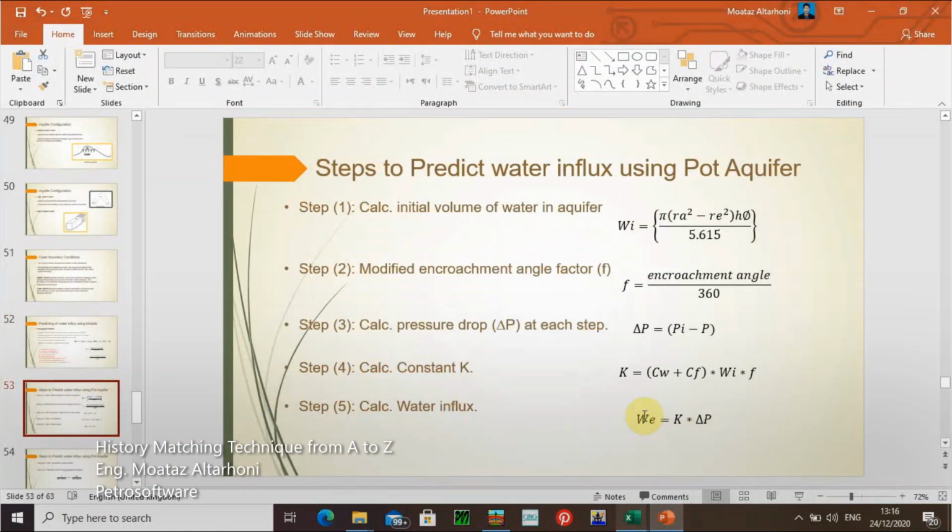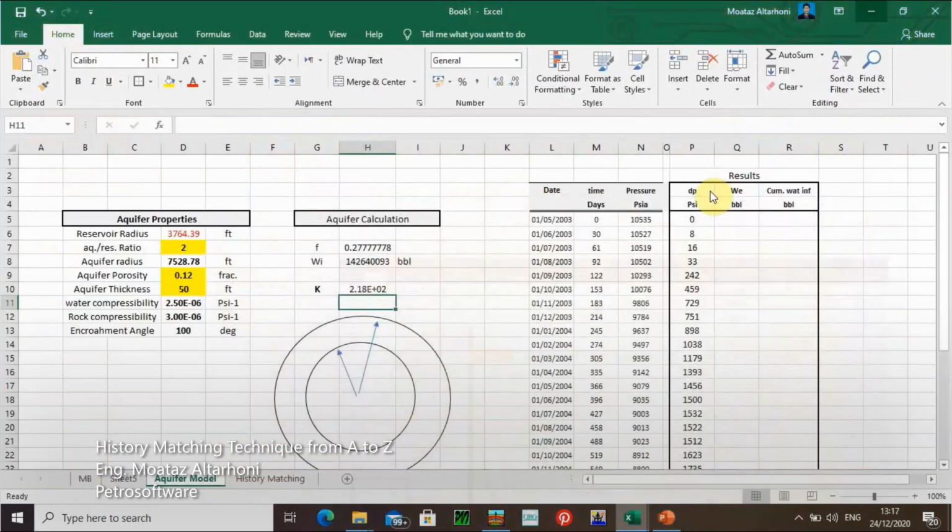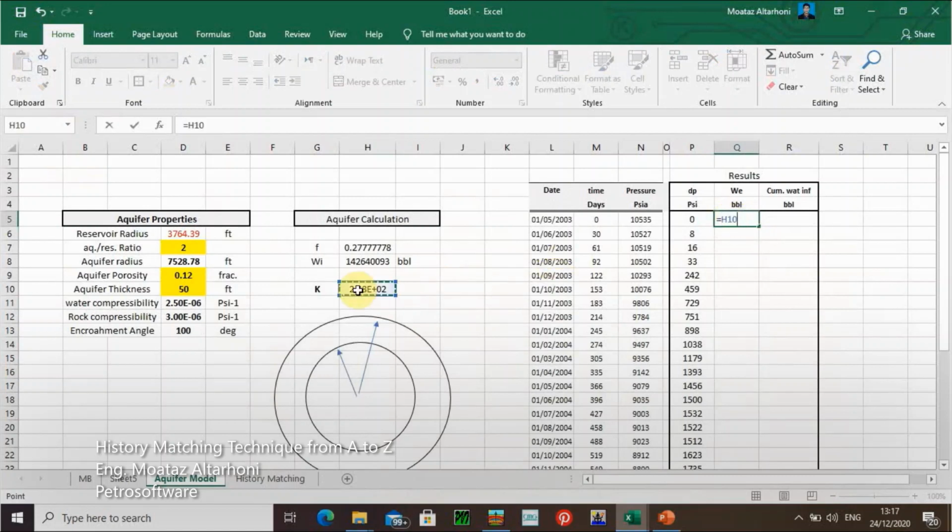The last step, I need to calculate the water influx, how much volume invaded from our aquifer into the reservoir. All of this is affected by the change in the pressure, delta P. So it equals K multiplied by delta P. The first one will be equal to 0.